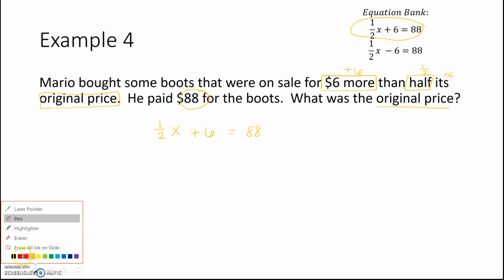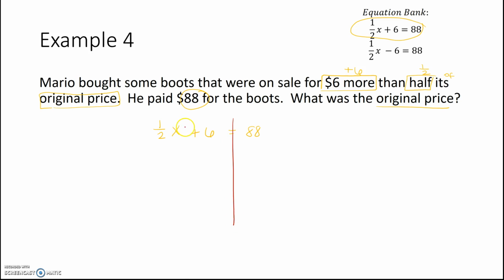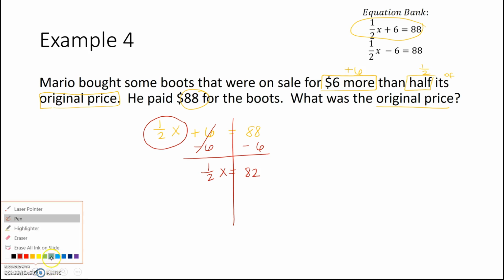So now once again, we draw a line down our equal sign to solve. I need to get 1/2 x by itself, so I'm going to do the opposite operation. I'm going to subtract 6 from both sides. 88 minus 6 is 82, and I have 1/2 x on that side. So yet again, I want to get x by itself.